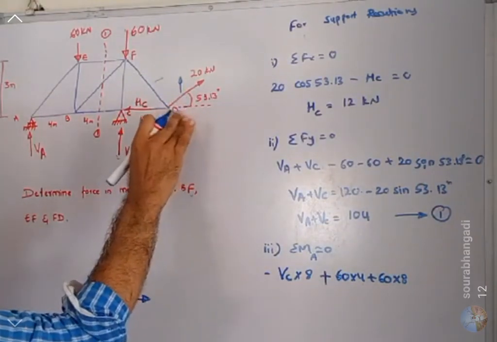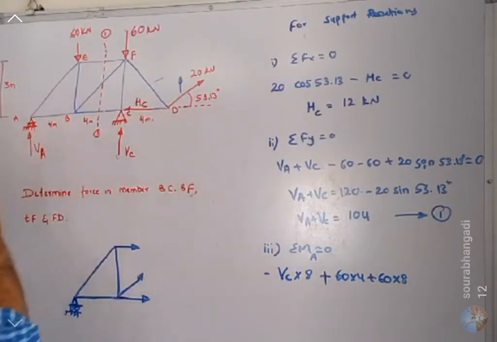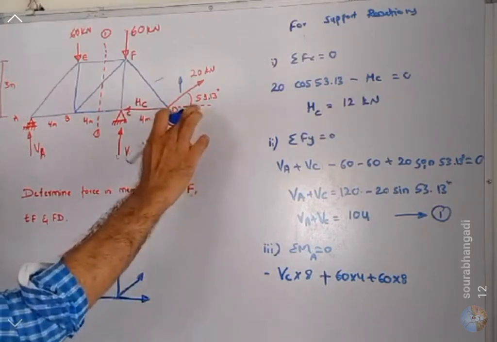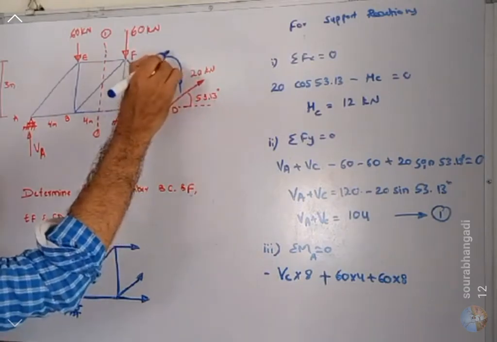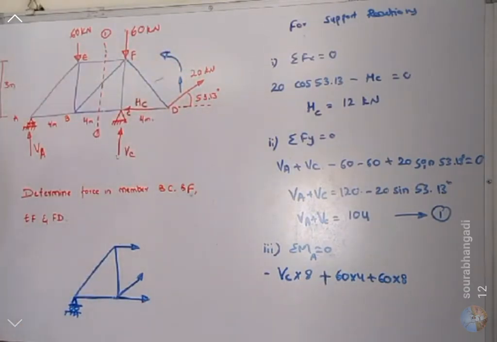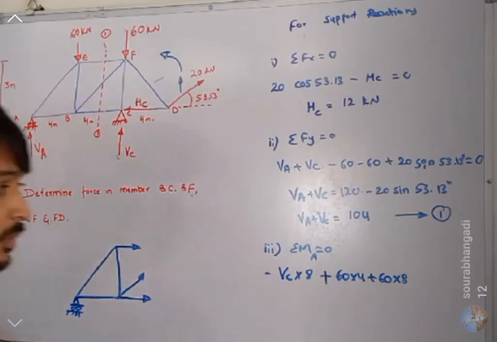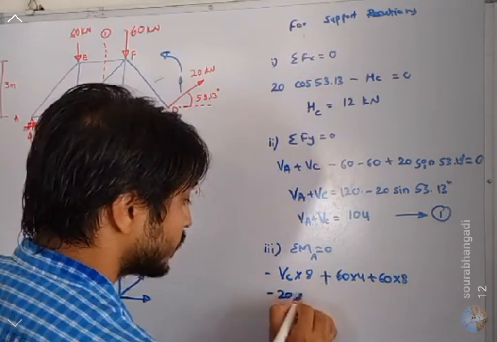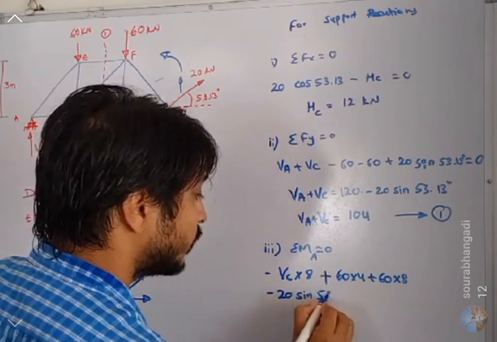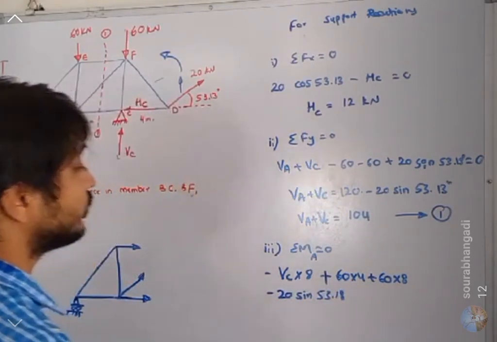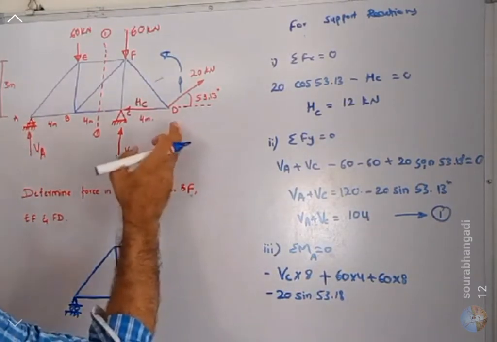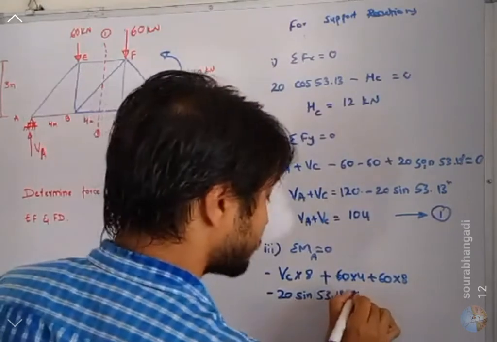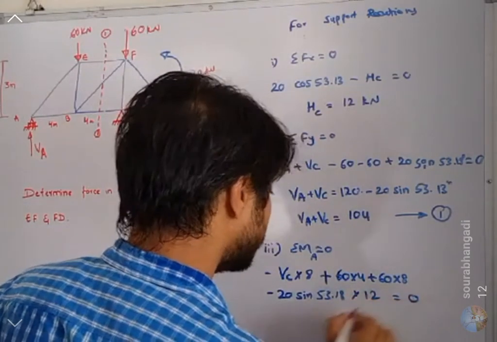And the horizontal component of this is along the line of point A only, so the horizontal component will not come. Whereas the vertical component will create an anti-clockwise moment, which means minus 20 sin 53.13 into the distance, 12, which equals 0.